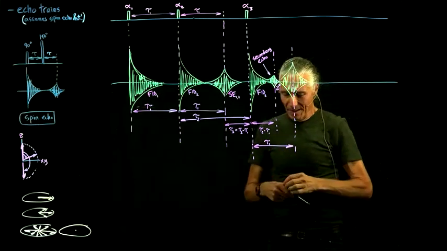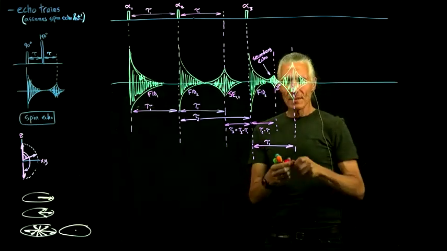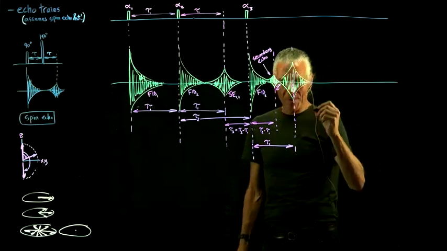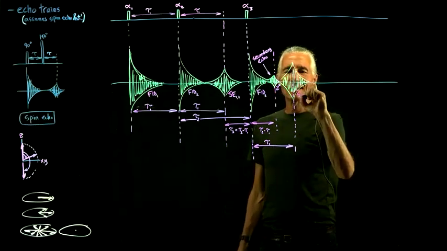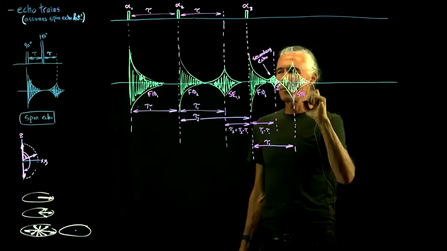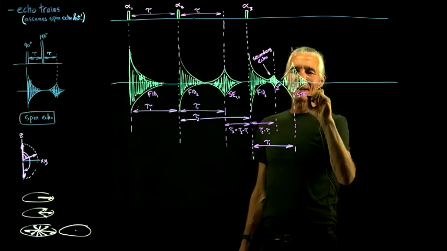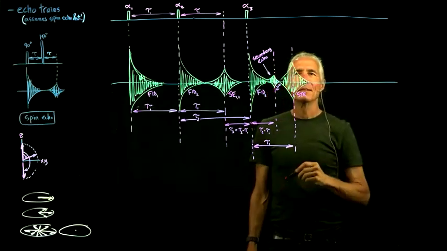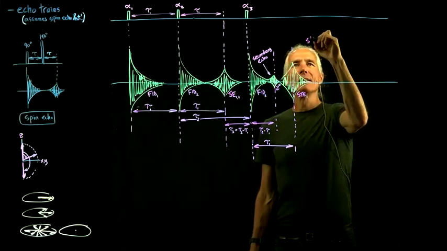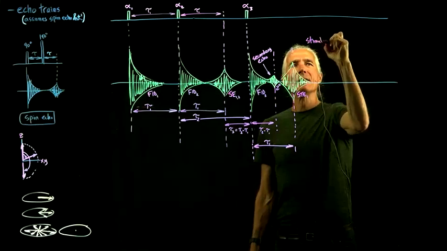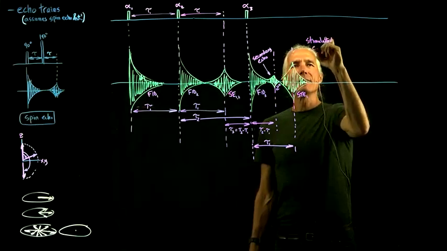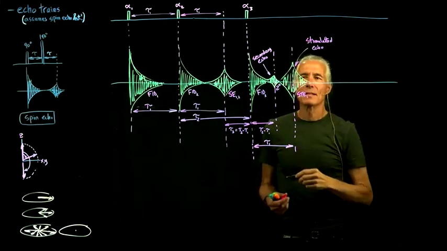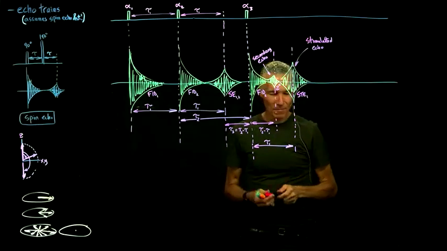If you read an MRI paper, they'll call this one STE for stimulated echo. There's only one stimulated echo. So this guy is a stimulated echo, and it's quite big. It's bigger than the secondary echo.